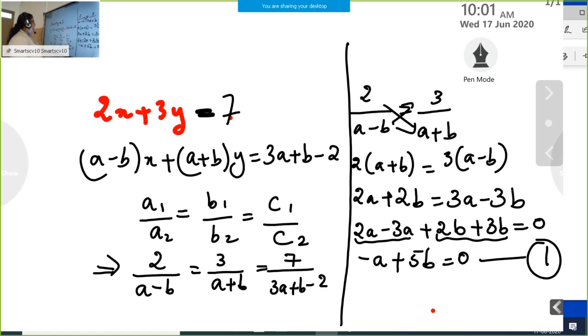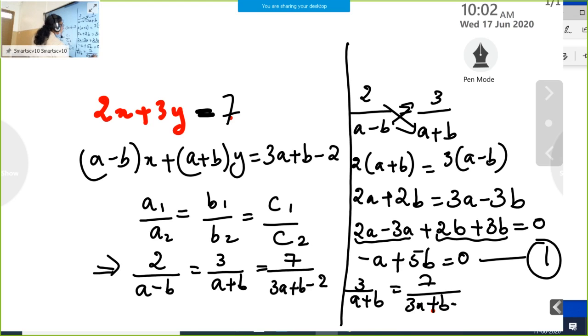Then comparing the second and last, 3 divided by a plus b is equal to 7 divided by 3a plus b minus 2.